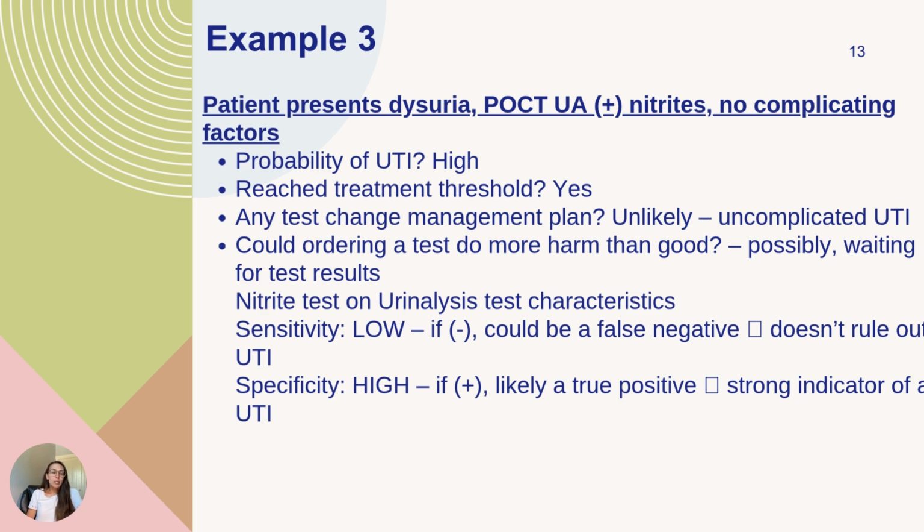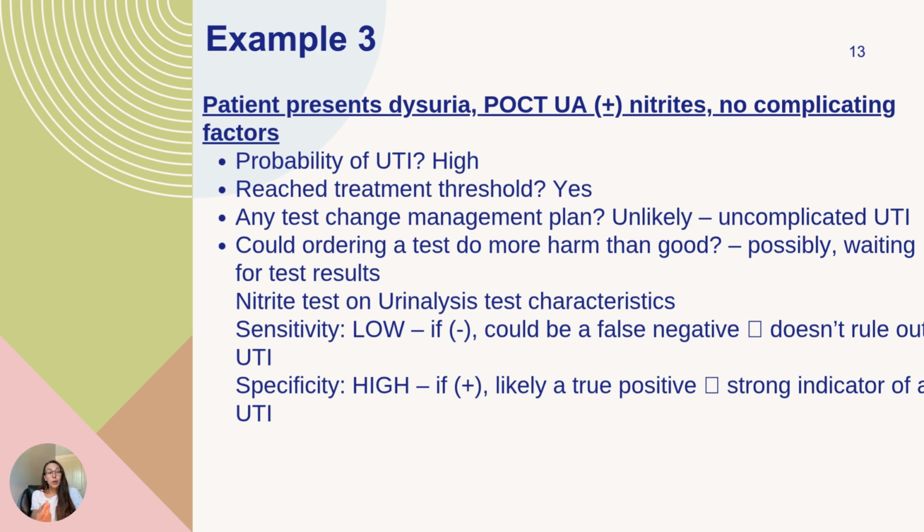And could ordering a test do more harm than good? I mean, possibly, especially if you're waiting for those test results to come in. So, thinking about the nitrite test specifically on urinalysis, we need to know the sensitivity and the specificity, right? So, sensitivity for nitrites is actually low, meaning if you get negative nitrites on a urine dip, it could be a false negative.